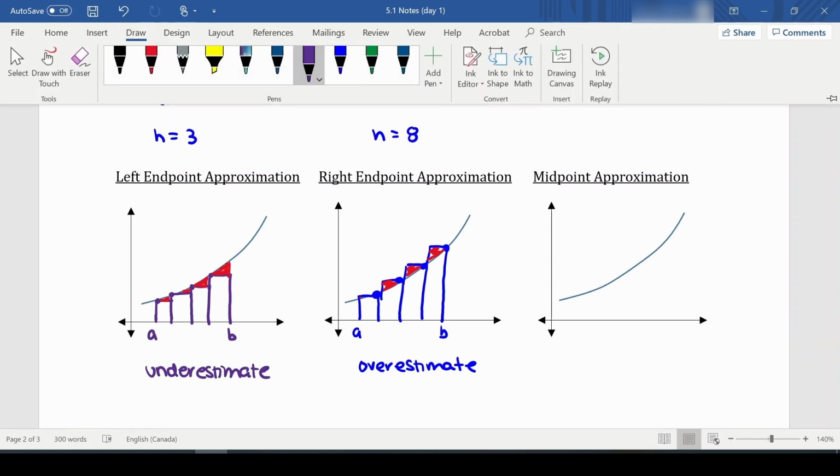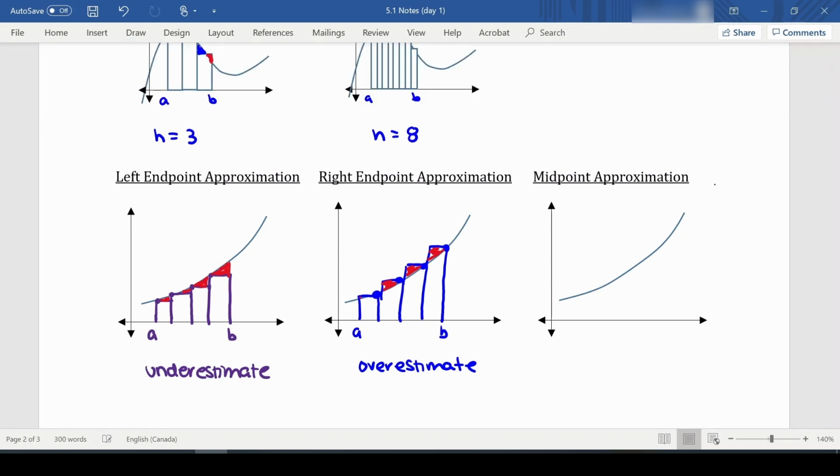The midpoint approximation is the best one, and that's because it's going to have some bits that are under and some bits that are over. The middle of the top of your rectangle will lie on your curve. So if this is my a, and I want to draw my next rectangle here, this means that the middle of the top of the rectangle is going to go on my curve like this.